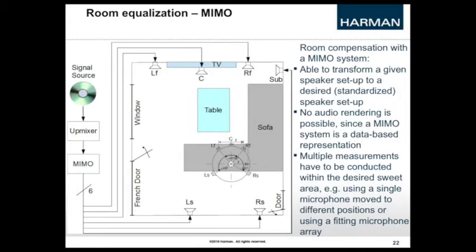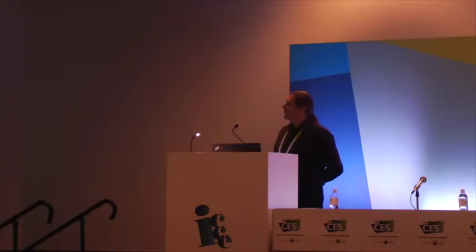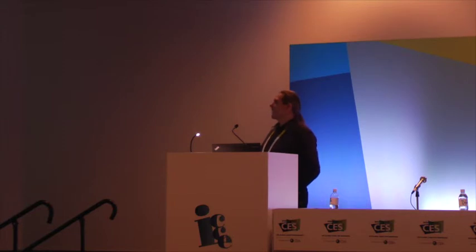Okay. What is a MIMO system doing? So now we're following the same approach, going from the signal source to the upmixer. Now this unknown block is filled with the MIMO system, because a MIMO system can really deliver the room compensation we are searching for. This means it can create a virtual ITU standard following speaker setup, such that you have at the sweet spot the feeling that you are surrounded by speakers following the ITU standard.